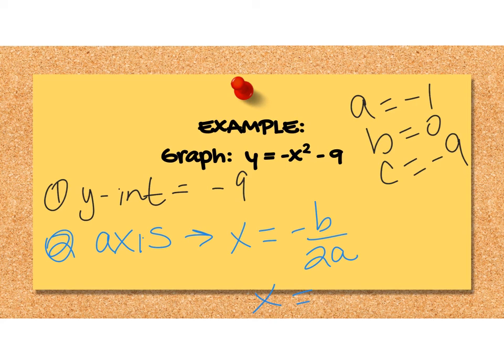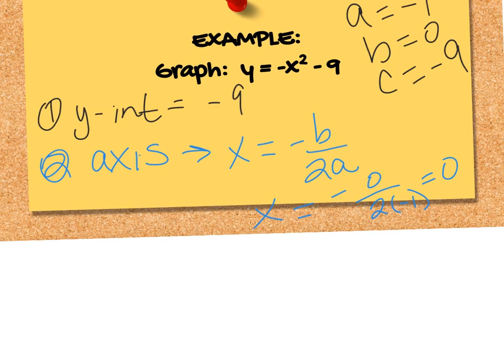So x equals opposite b, negative 0, over 2 times negative 1, it's 0, right? Because if 0 is in the numerator, anything divided by 0 is 0. Okay, so here's what's going to happen. So if x is 0, guess what this means? If x is 0, then y is negative 9, because it's the y-intercept.